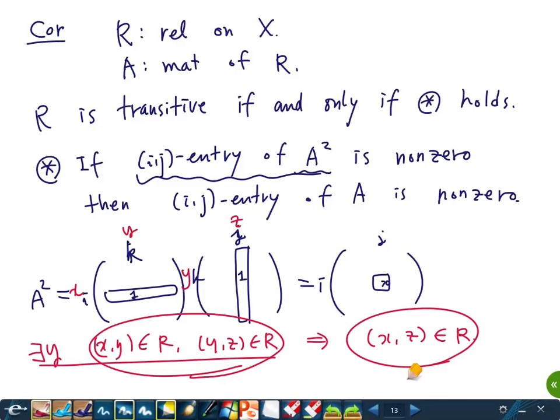That's exactly what a transitive relation means. So if something is non-zero in A squared, it must be non-zero in A. Then that is transitive, okay? For every ij entry. So using this corollary, we can see whether it's transitive or not.